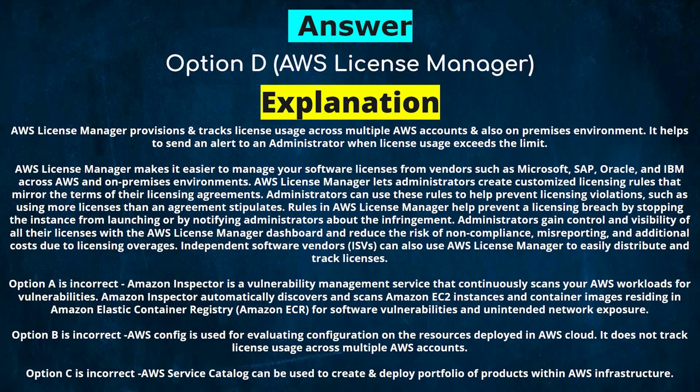Option B is incorrect. AWS Config is used for evaluating configuration on the resources deployed in AWS Cloud. It doesn't track license usage across multiple AWS accounts. Option C is incorrect. AWS Service Catalog can be used to create and deploy portfolios of products within AWS infrastructure.